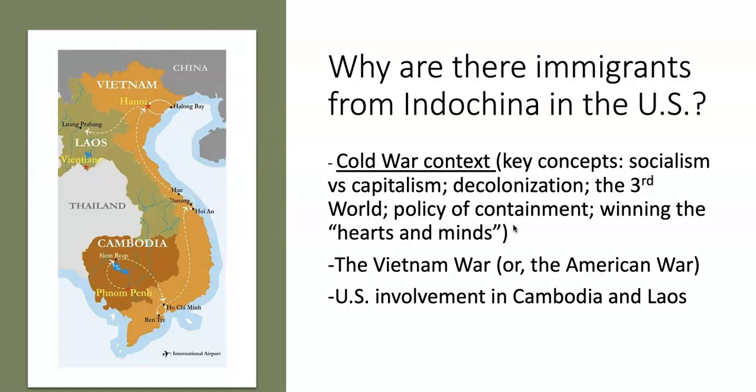And what does this mean, containment? It basically is an approach whereby policymakers... let me first state that policymakers in the United States assumed that Russian and Chinese policymakers were engaged in spreading socialism on a global level.